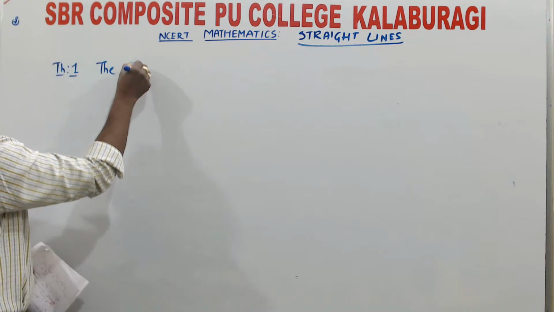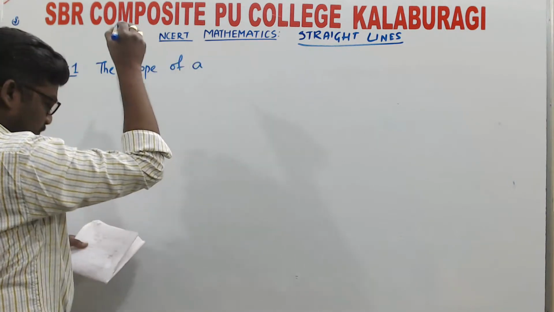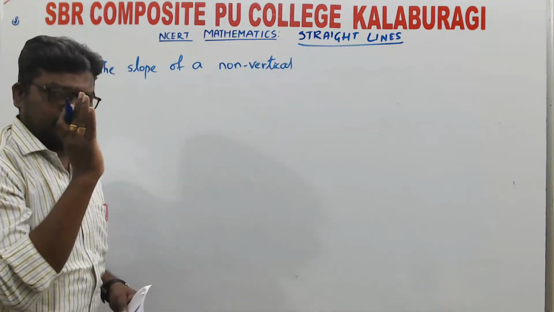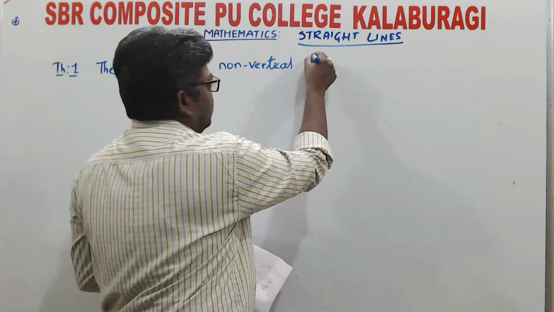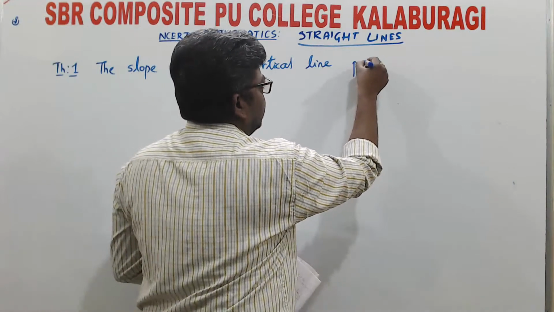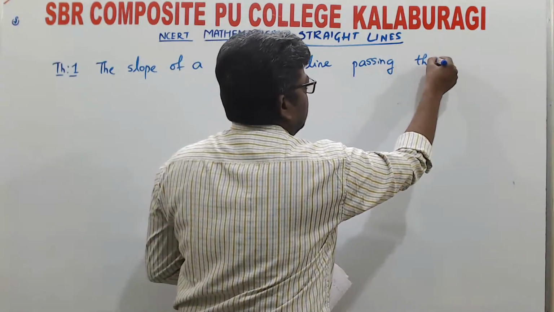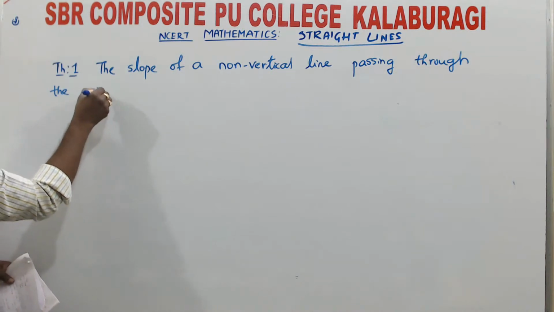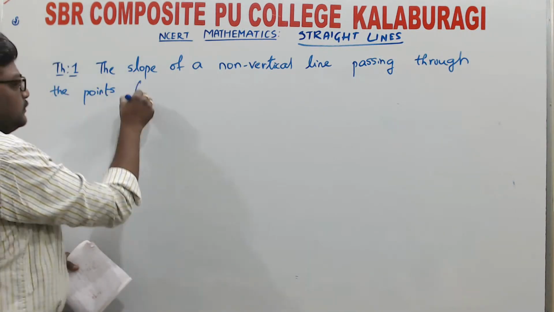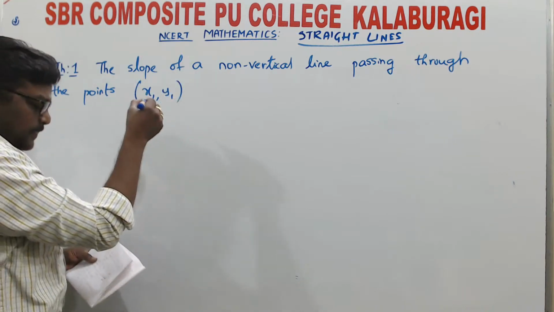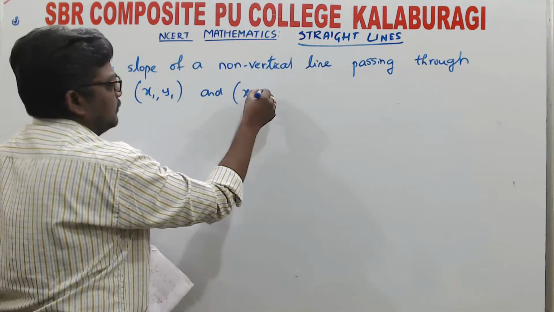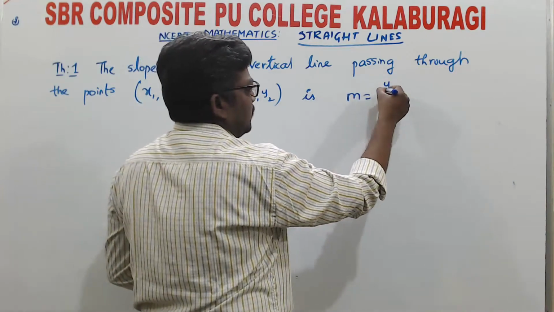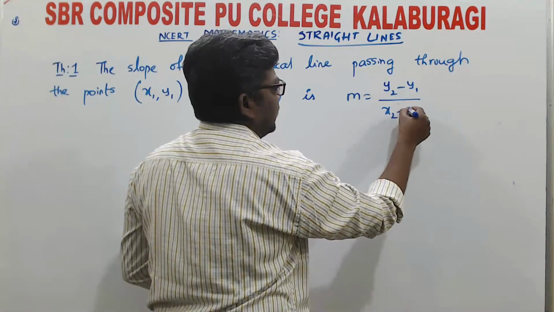The slope of a non-vertical line, non-vertical means it is not horizontal, not vertical, passing through the points x1, y1 and x2, y2 is represented as small m equals y2 minus y1 by x2 minus x1.